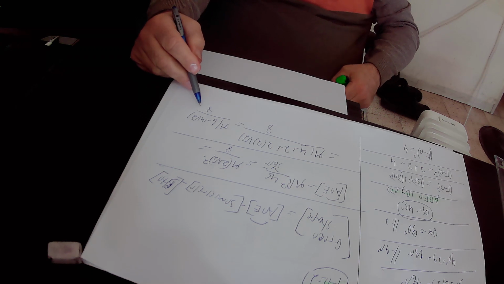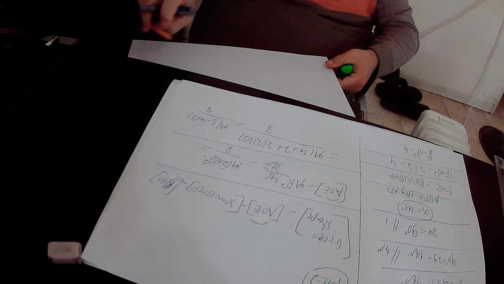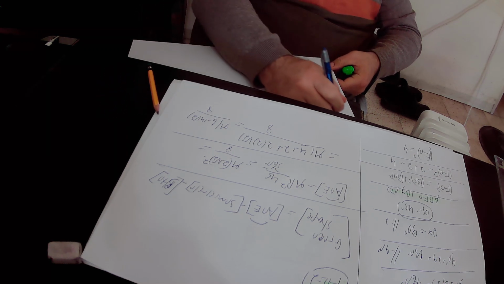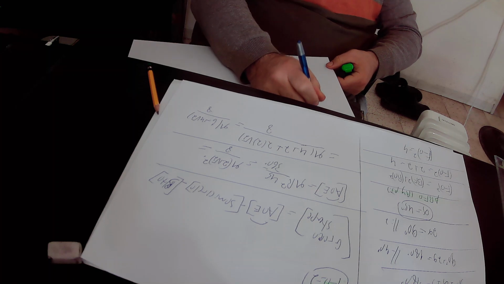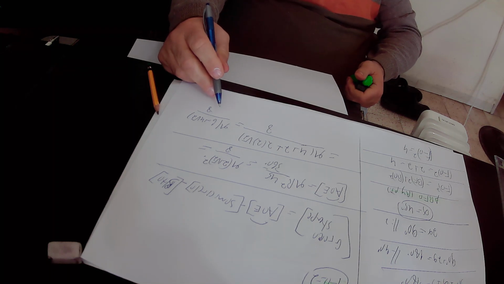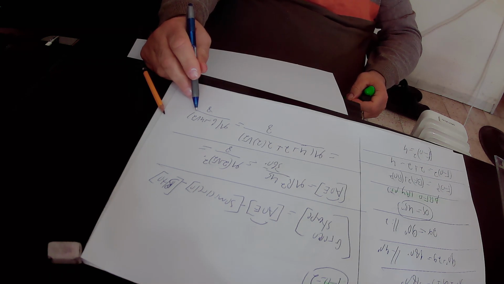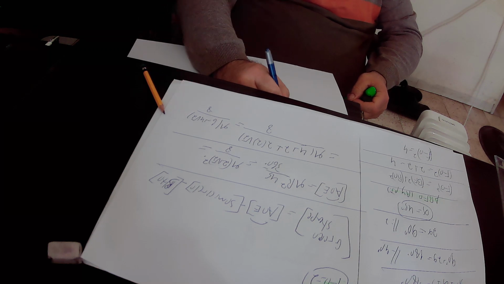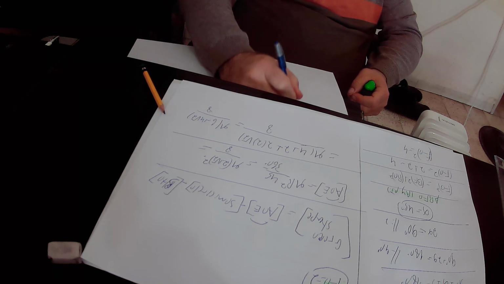Here we divide both the numerator and the denominator by 2, and we get that the area of the big sector AOE equals pi, inside the brackets 6 over 2 is 3, plus 4 times square root of 2 over 2 is 2 times square root of 2, over 8 divided by 2, which is 4.